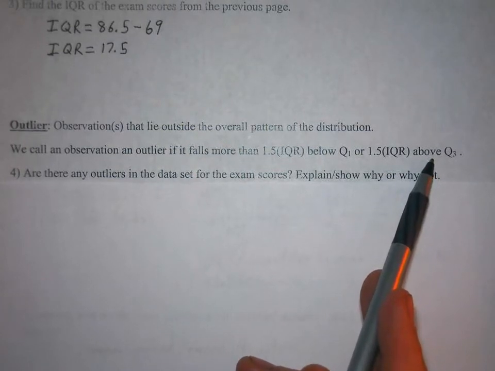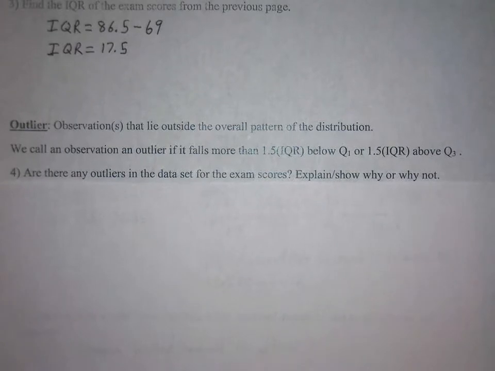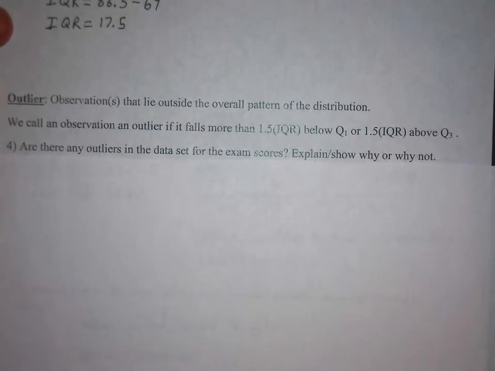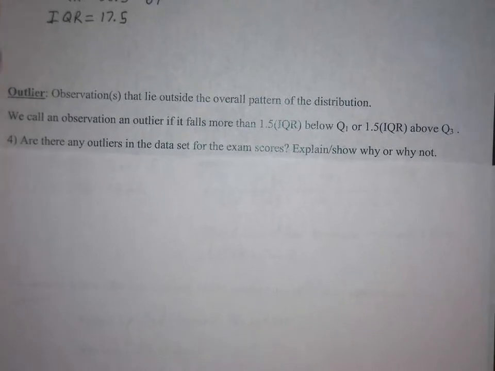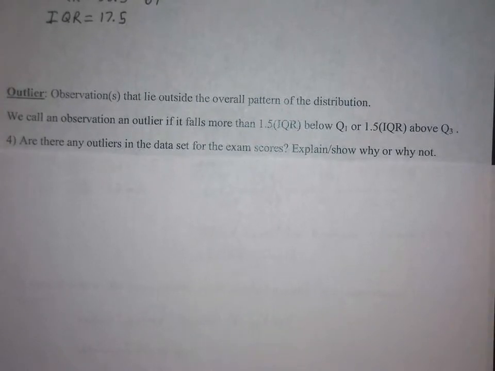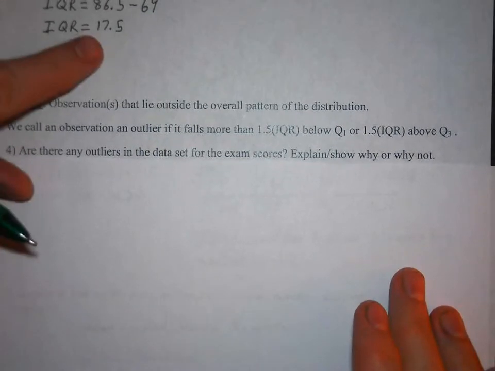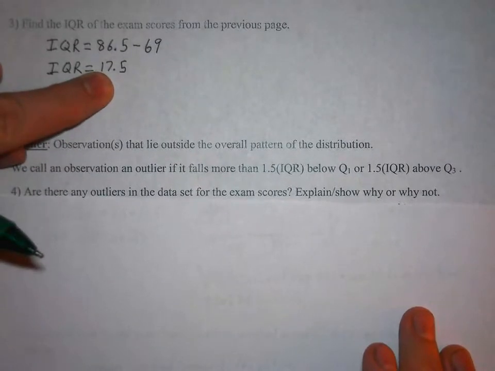Any data value that is more extreme than those two numbers will be considered an outlier. So if we're looking at this data set of the exam scores, we're going to calculate 1.5 times the IQR. Well, that's 1.5 times 17.5.